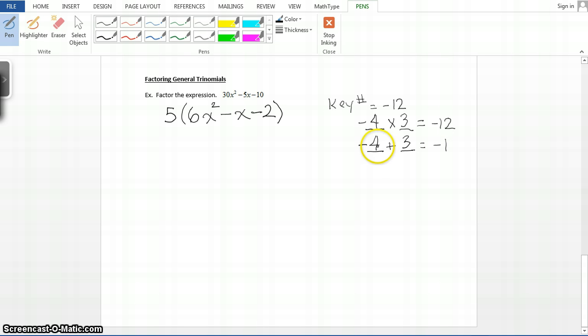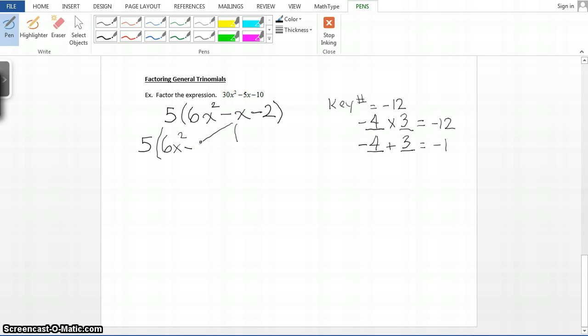Alright, so what you do with those two numbers, we are going to rewrite the problem, and what you do is keep the first term the same, 6x squared, but you're going to split this middle term up into two terms using these coefficients.